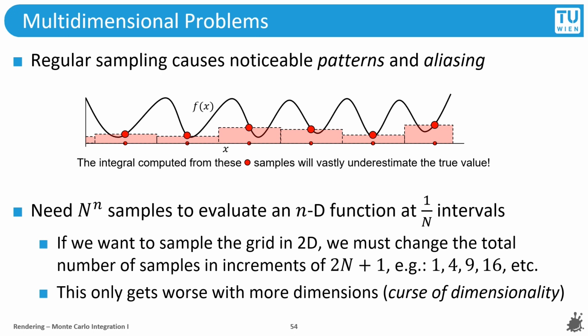Another significant problem is the implied curse of dimensionality, which basically dictates that if we have a multidimensional function that we need to integrate, then the number of samples we use can only be increased in very restrictive steps. And furthermore, we face the underlying problem that with each new dimension in which we want to sample, we are basically facing exponential growth. And this is particularly problematic since, as we will see, the core solution for rendering involves an infinite dimensional integral.